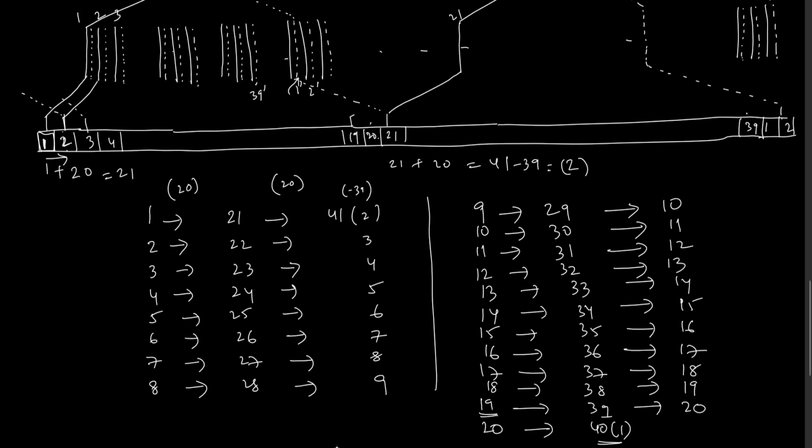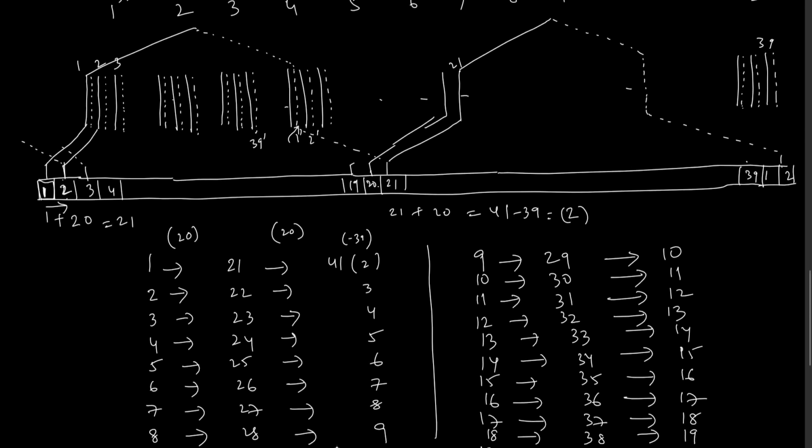Now the next, 20th coil, comes to 40, 40 means 1, so this will be ending here. This is 1. So this is a closed circuit.